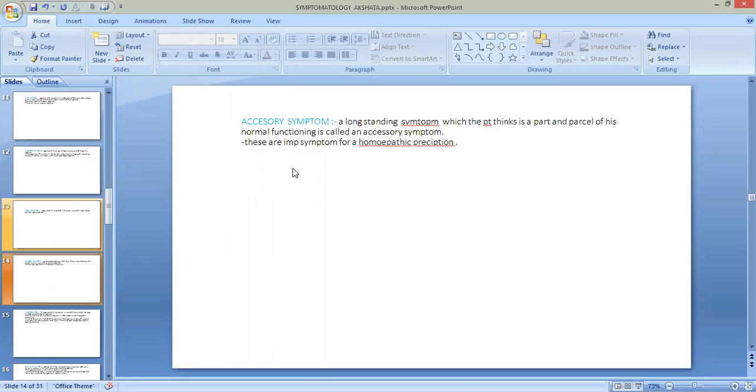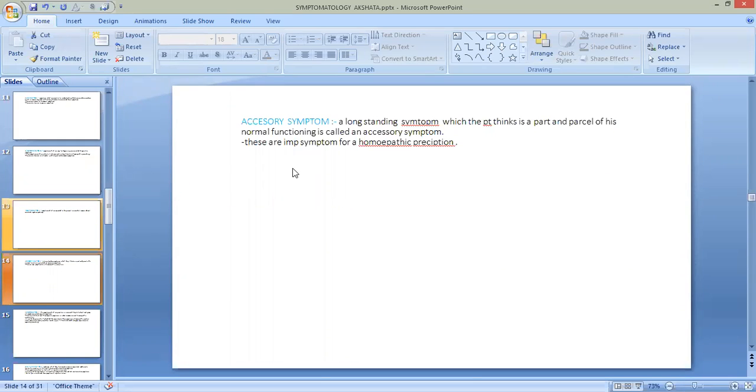So what are accessory symptoms? These are the symptoms which are present with the chief complaint, and as these symptoms are present since a long time, the patient thinks that this is not a symptom, but this is part and parcel of his normal functioning.